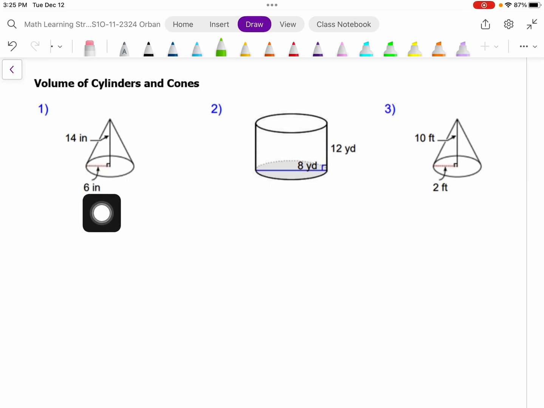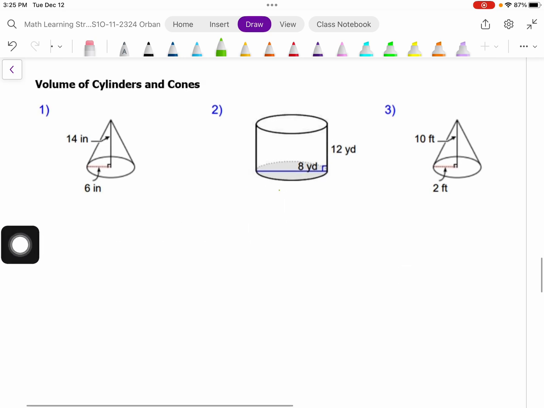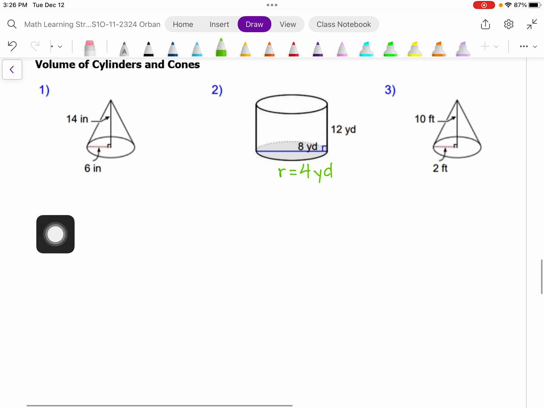Sometimes you're given the radius, sometimes you're given the diameter, and none of the formulas for volume ask for diameter. They always ask for radius. So if it's 8 all the way across, then halfway across for the radius here would be 4 yards.